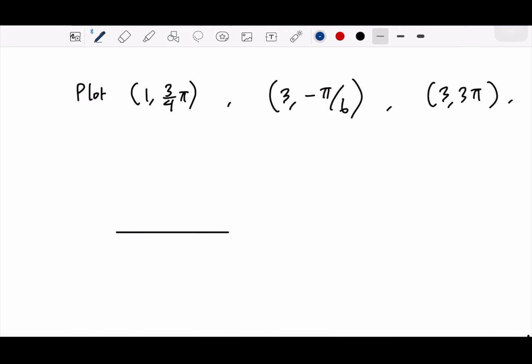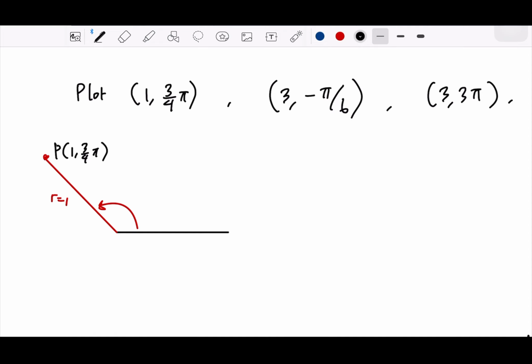And 3 over 4 pi will be maybe around here, because this is pi over 2, this is pi over 4, maybe around there. And let's say this is r equal 1, and then the point here is P1, (1, 3 over 4 pi).